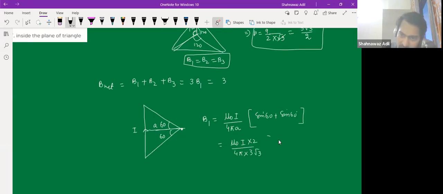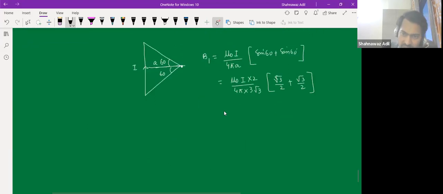And this is root 3 by 2 plus root 3 by 2. So this is 2 root 3 by 2, which is right. So this is mu naught I into 2 divided by 4 pi 3 root 3.